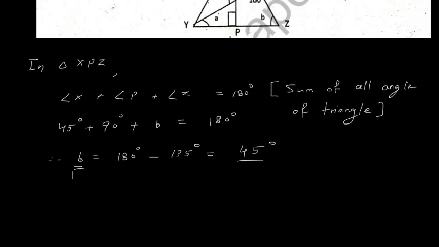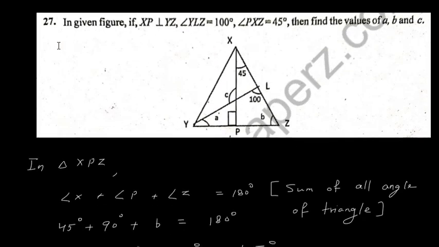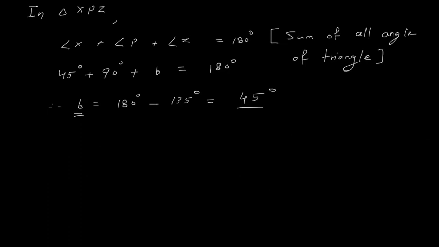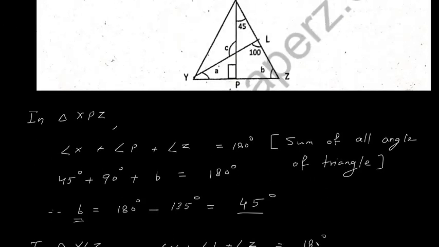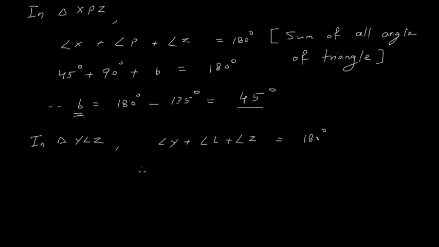Now once we get angle b, we take triangle YLZ. In triangle YLZ, again angle Y plus angle L plus angle Z is 180 degree. Angle Y is a, angle L is 100 degree, angle Z is 45 degree, so their sum is 180 degree.